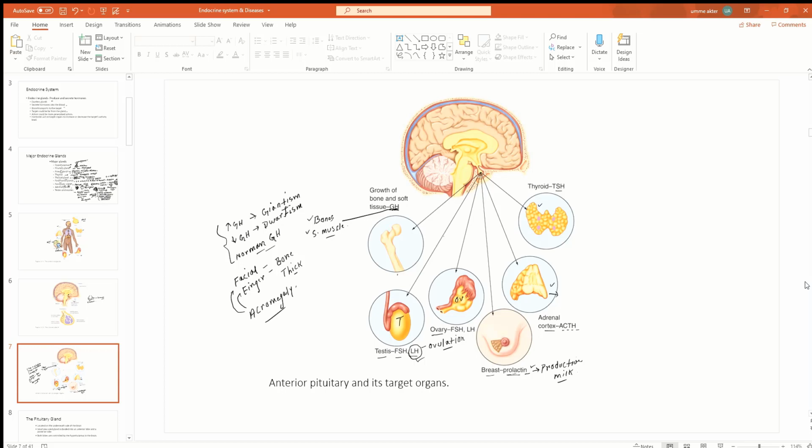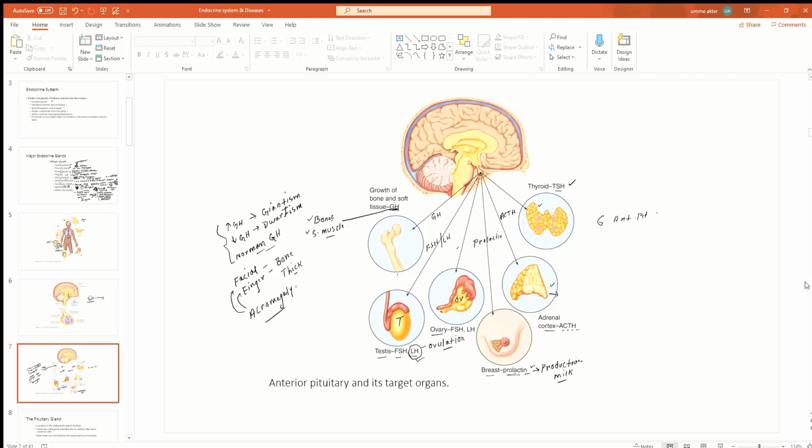So those are 6 hormones: growth hormone, follicle stimulating hormone, and luteinizing hormone, both working on the testes and ovaries. Then you have prolactin, ACTH, adrenocorticotropic hormone, and TSH, thyroid stimulating hormone. So those are 6 anterior pituitary hormones.